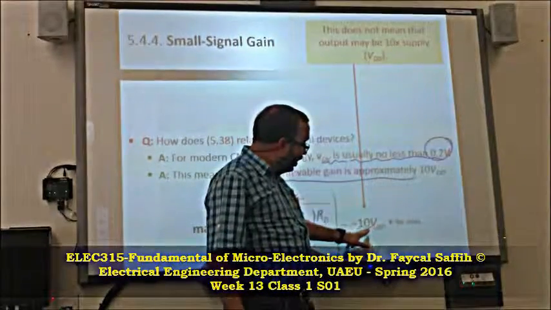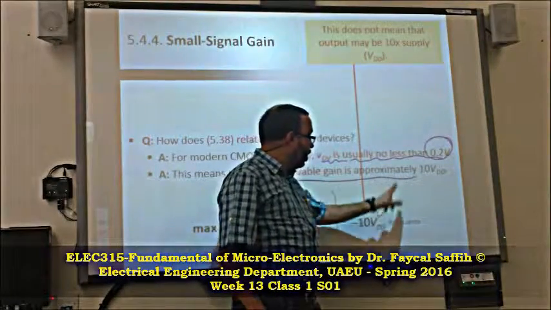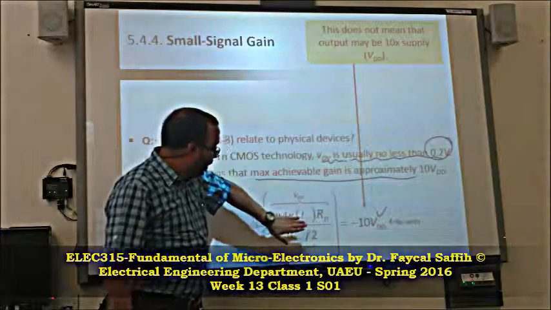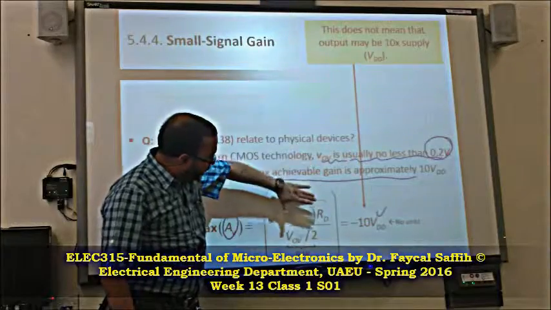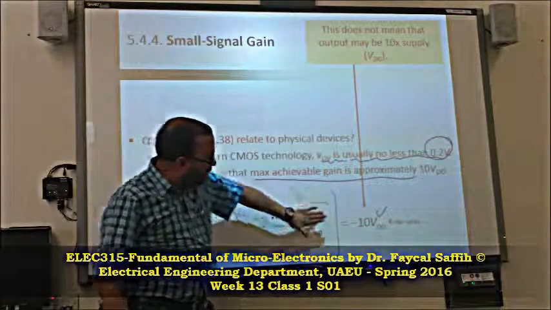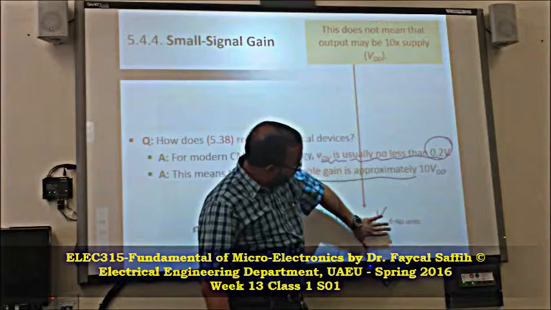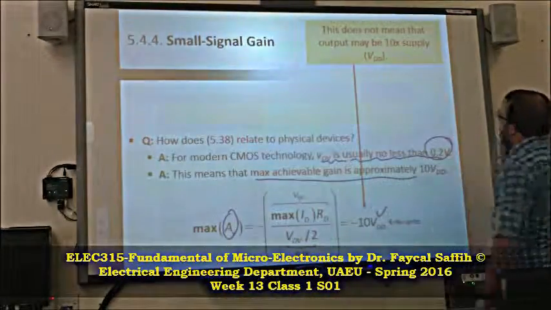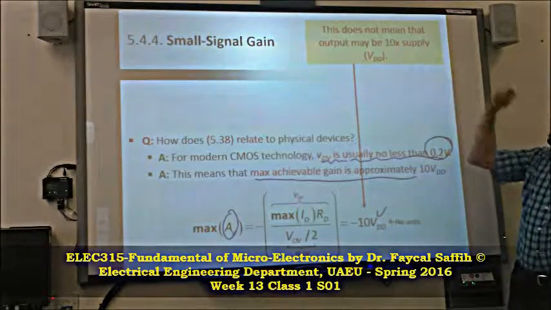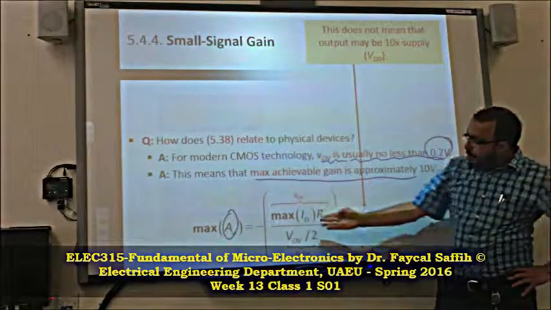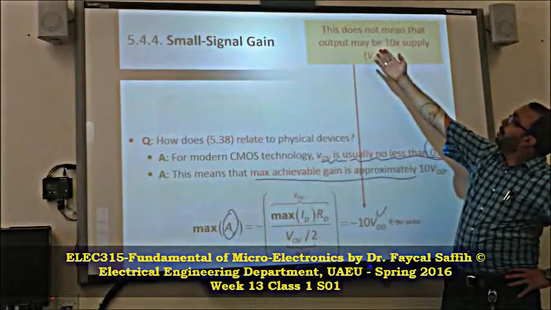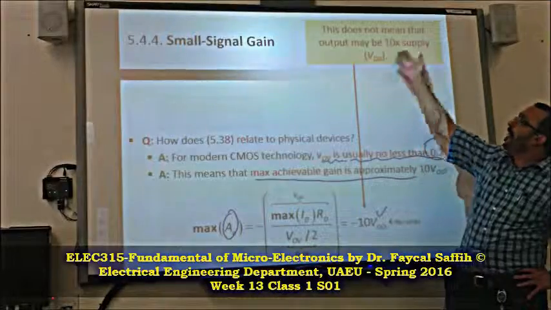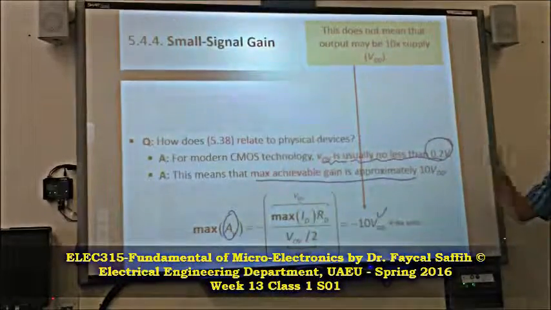It depends on VDD. The higher the VDD, the higher the gain. This is the typical voltage gain of the amplifier. Very important here: what does it mean? It means that this gain does not mean that the output may be 10 times VDD. Not exactly.